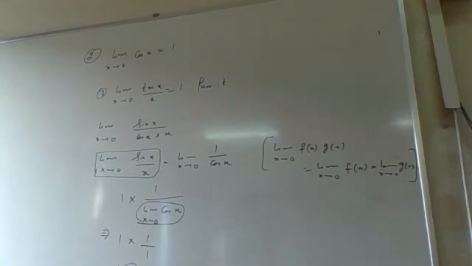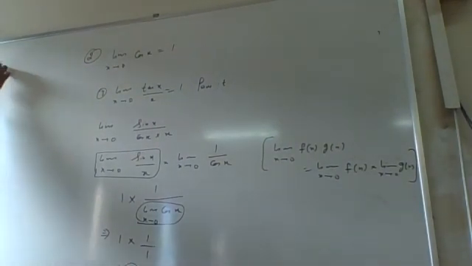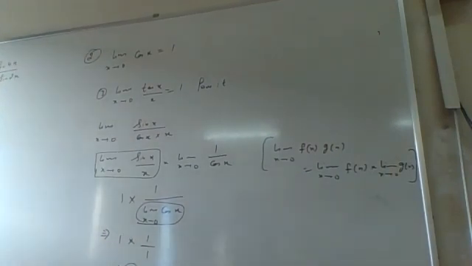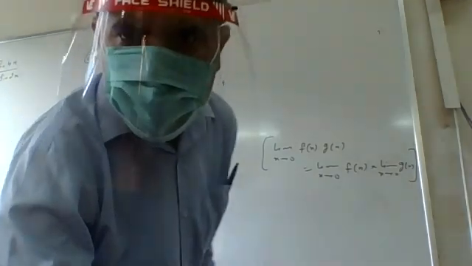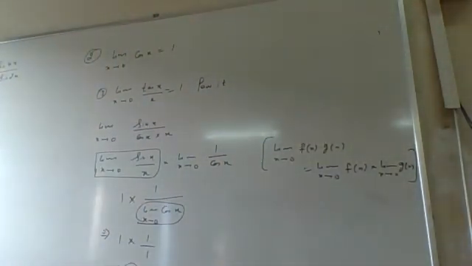Now I'm going to example 4, first part. Limit x tends to 0, sin 4x upon sin 2x. So I have to solve this.